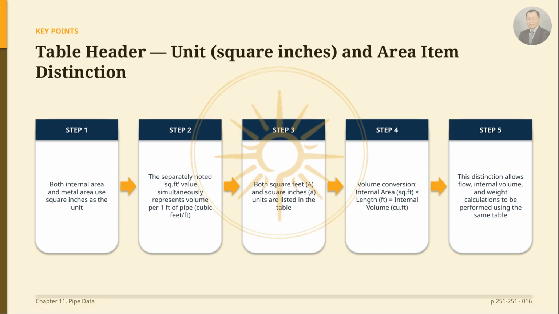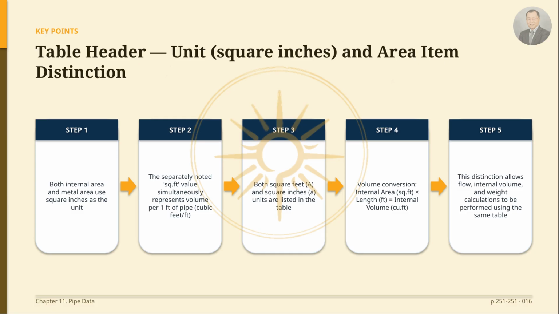Although these are the same area column headers, I want to explain the distinction in units here. The internal area and area of metal are basically expressed in square inches. However, the table also includes values expressed in square feet. This square foot value is identical to the volume per foot of pipe length. In other words, cubic feet per foot.